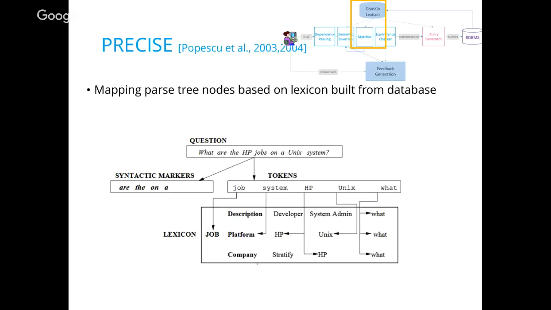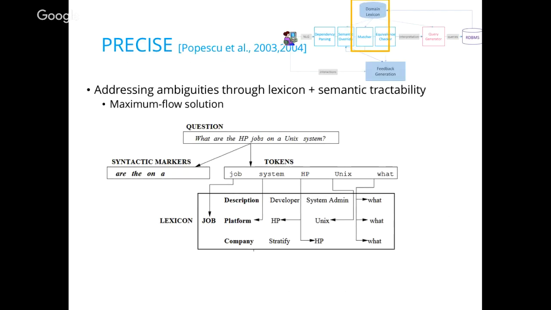So the next step this system tries to do is use an algorithm called the maximum flow solution, to assign each one of the tokens to a unique assignment so that they can maximize the number of different database elements it covers.